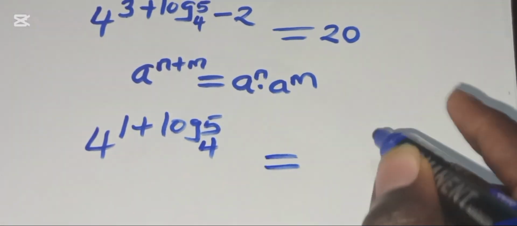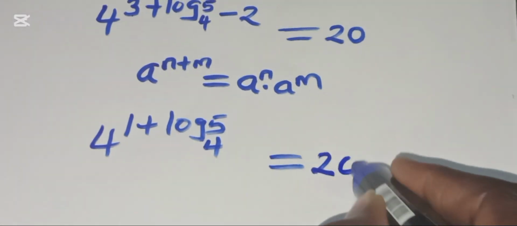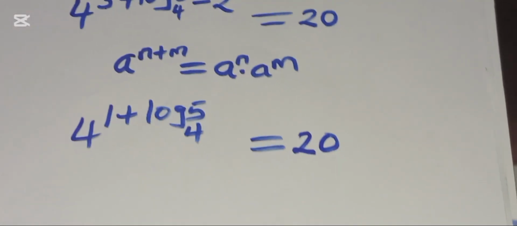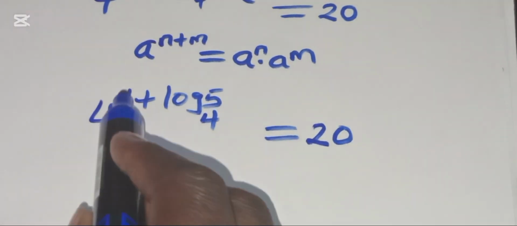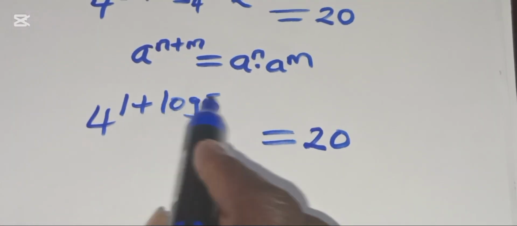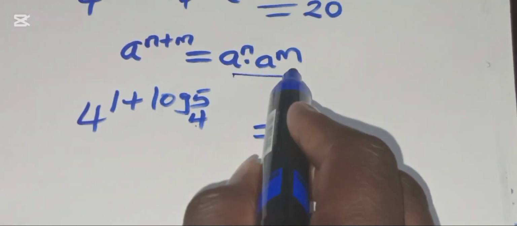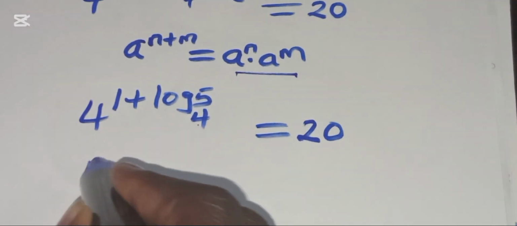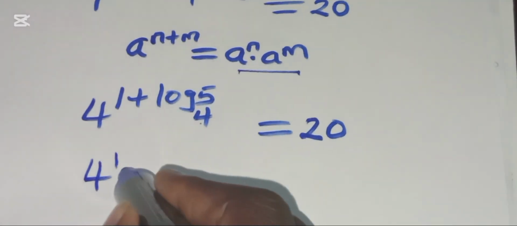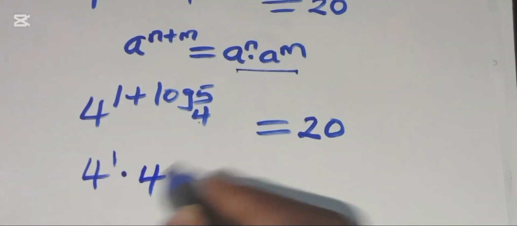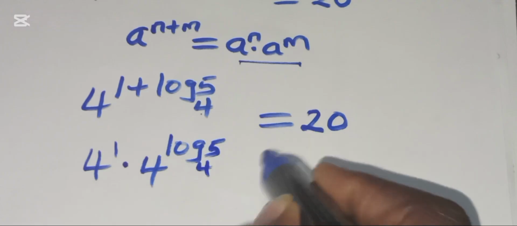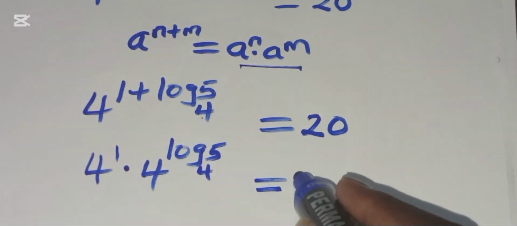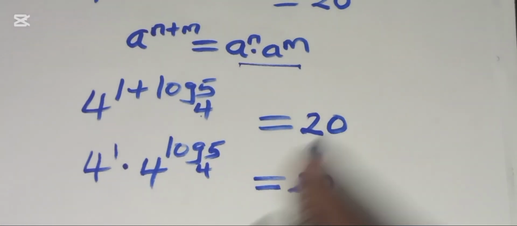This is supposed to give us a total of 20. Now, we can transform this 4 raised to power 1 plus log 5 to base 4 so that we're going to have 4 raised to power 1 multiplied by 4 raised to power log 5 to base 4. This again is supposed to give us a value of 20.